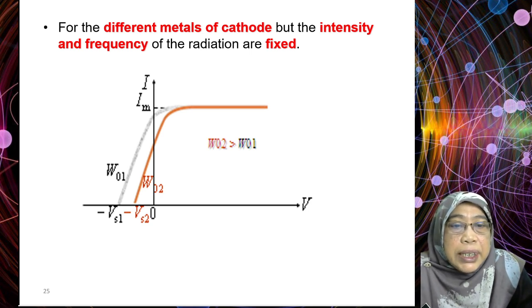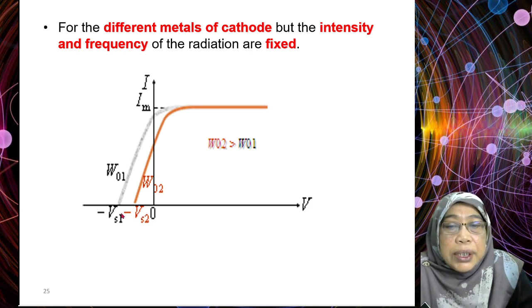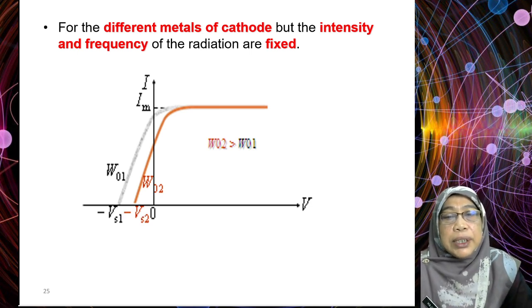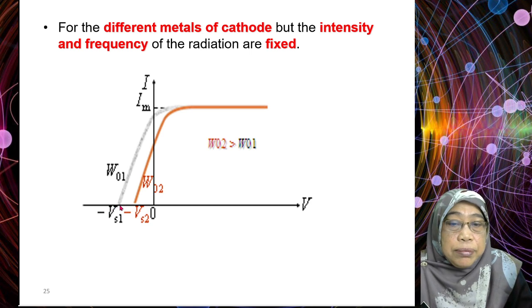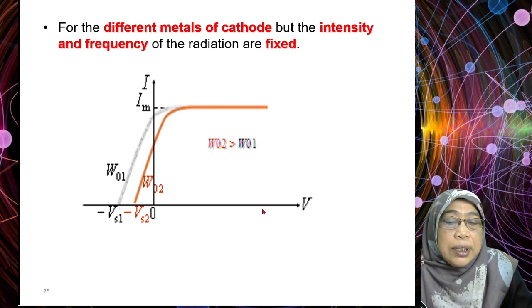So the remaining kinetic energy is less compared to metal 1. That's why the stopping potential of metal 2 is lower than the stopping potential of metal 1. They shift to the left, to a higher voltage.